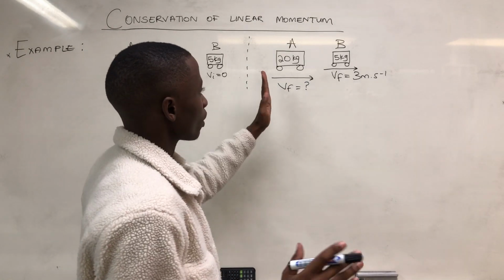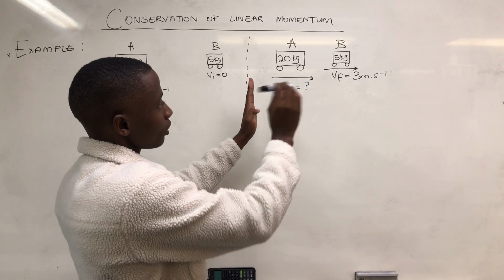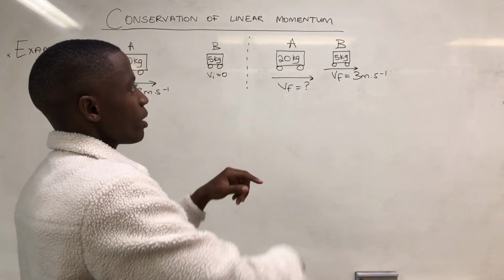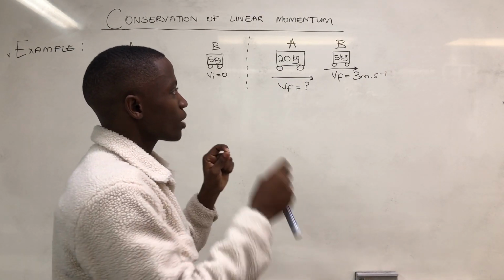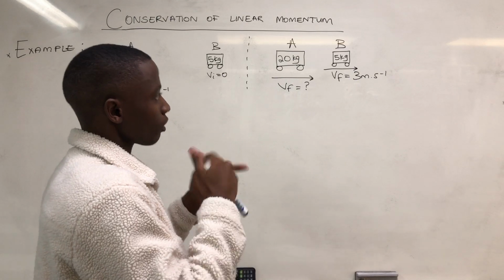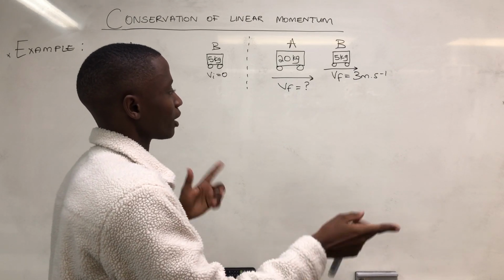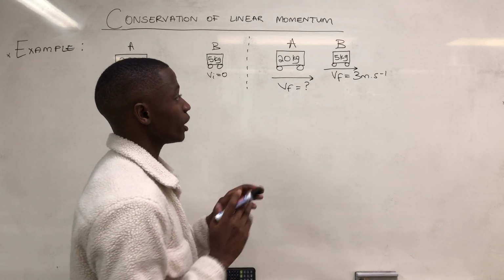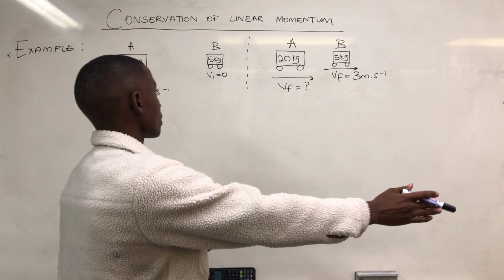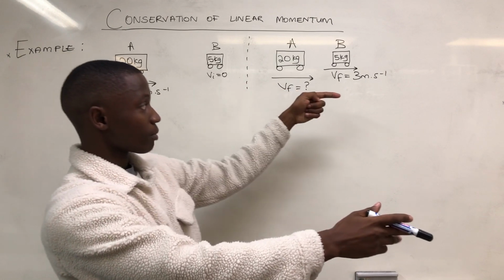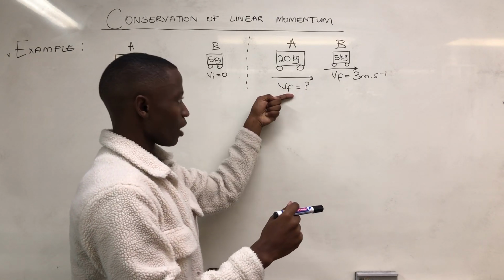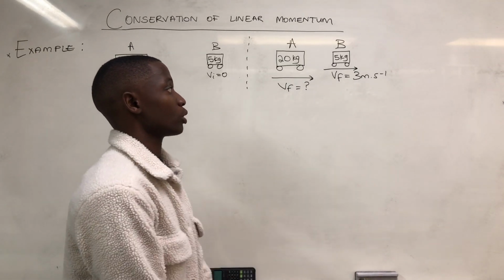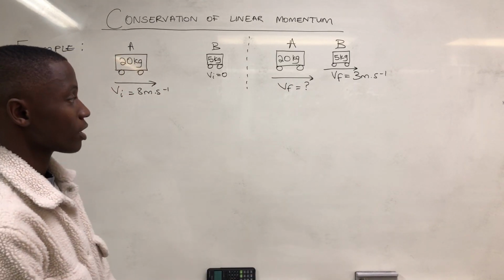Then we have the final velocities on the side of the sum of the final momentum. Now object A has already collided with object B, pushing object B to the west, in the same direction.